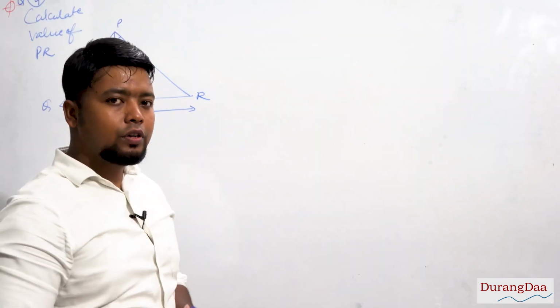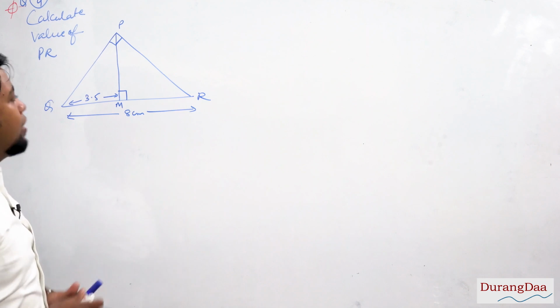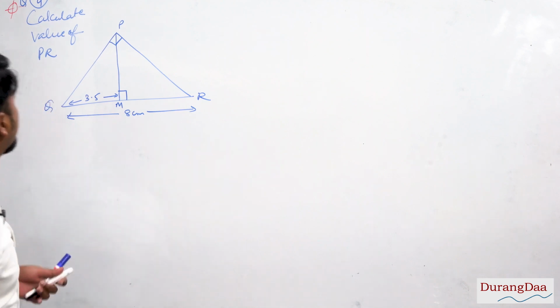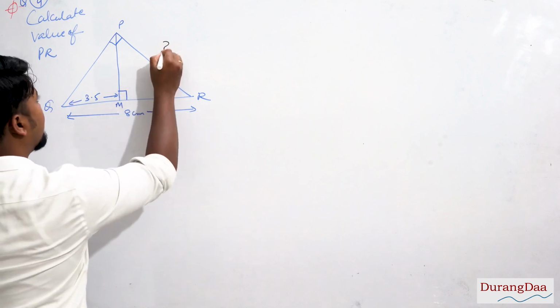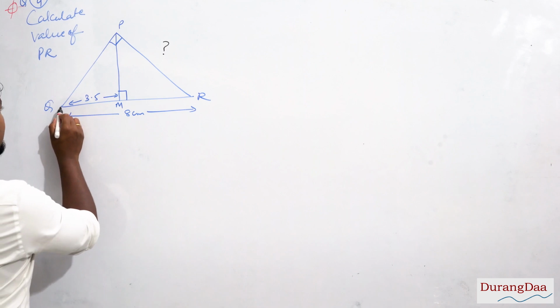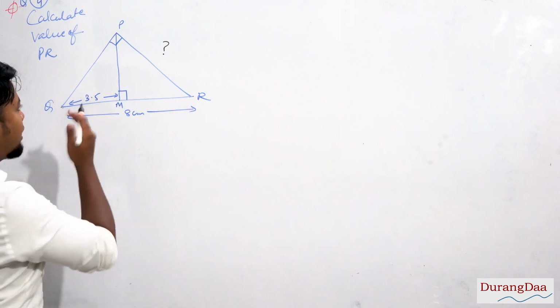In the fourth question, we don't have to prove anything, but we have to calculate the value of PR. This value of PR is unknown, and they have provided us with the values of side QM and side QR. Now how to select the correct triangle here?